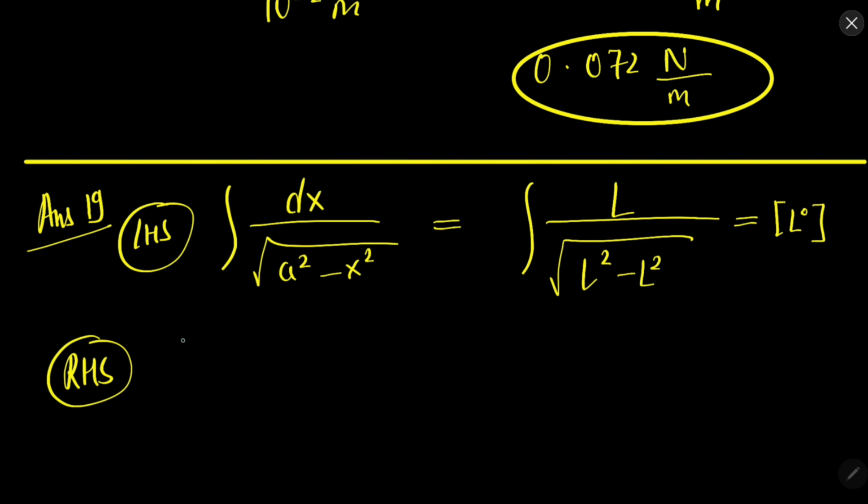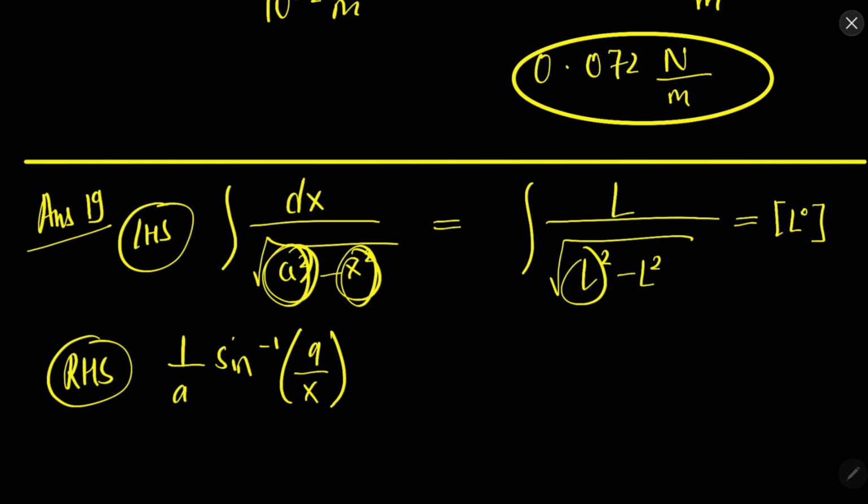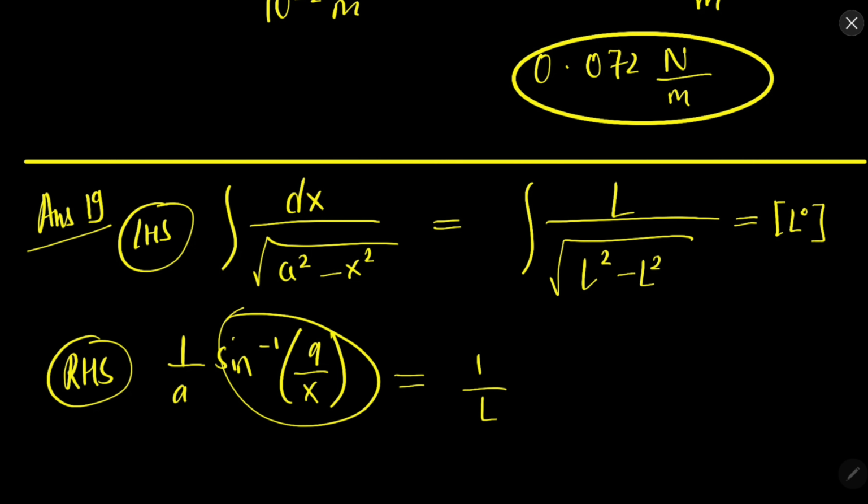So RHS is 1 by a sine inverse a by x. Just again repeating, dimension of length is L, dimension of length is L. So here again what we have is 1 by L, and this is dimensionless.